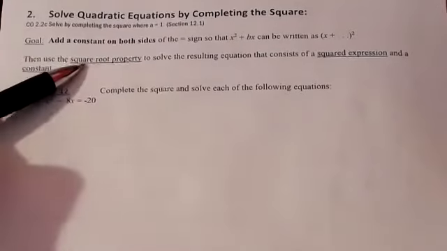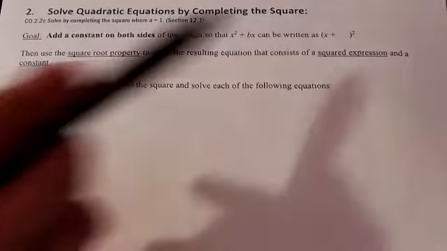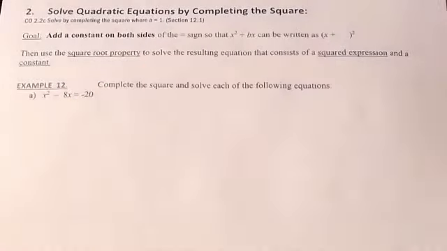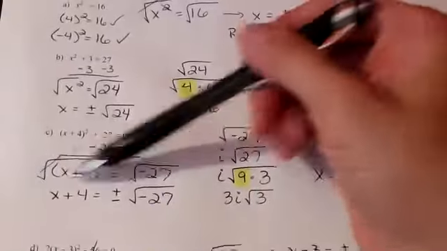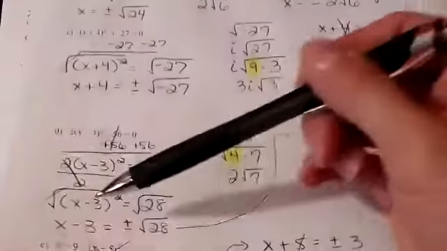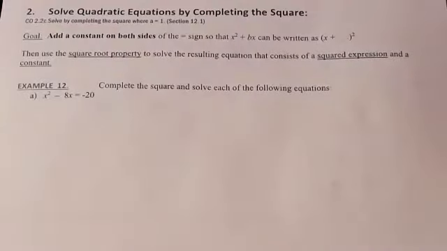Then we're going to use the square root property to solve. So we have to rewrite it so it has that squared piece and a constant, just like we saw with all of our previous examples. Sometimes we have to manipulate the equation in order to make that happen.